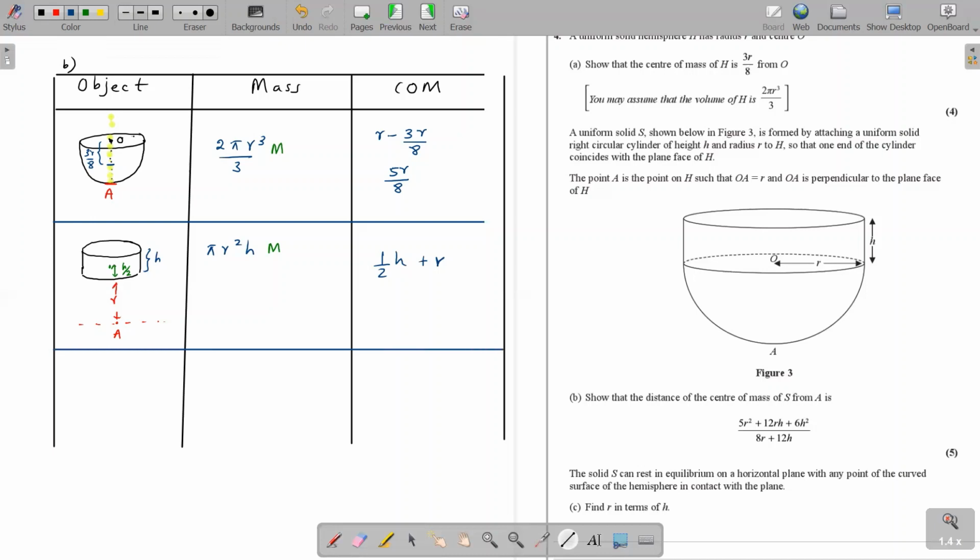The final figure is the last one. So in the last one, what happens? We combine the two objects together. Are you with me?